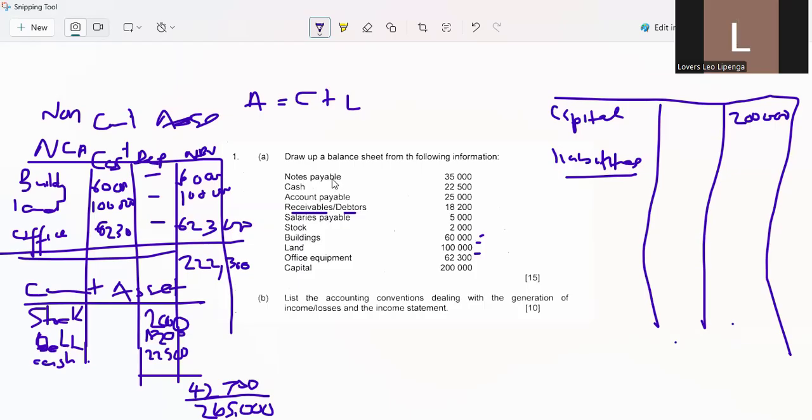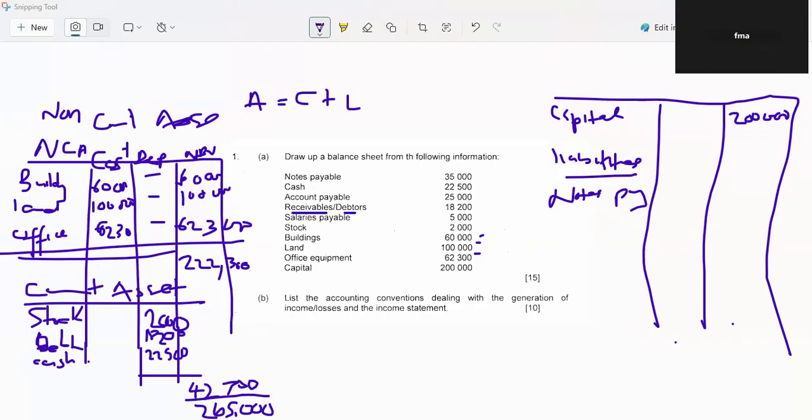What was the total here? 265,000. So 222,300 plus notes payable. Notes payable, how much? 35,000.